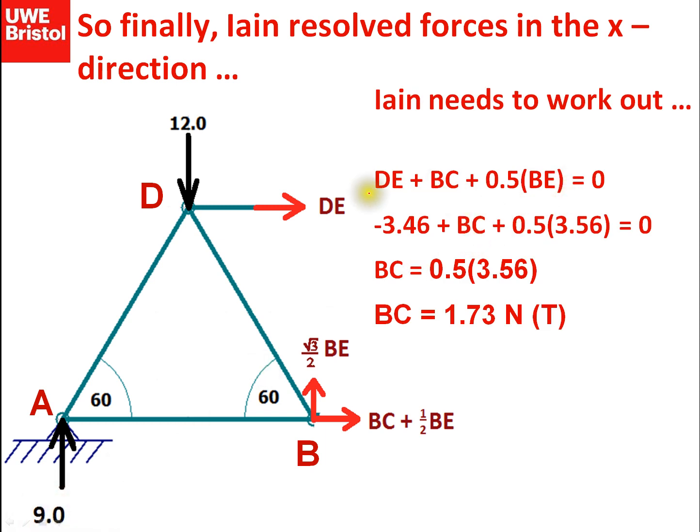So I'm going to substitute that into the summation of the forces in the x direction: DE plus BC plus half BE. Substitute my numbers in, keeping the minus sign there. That ends up as half 3.46, which gives a solution of 1.73 newtons tension.